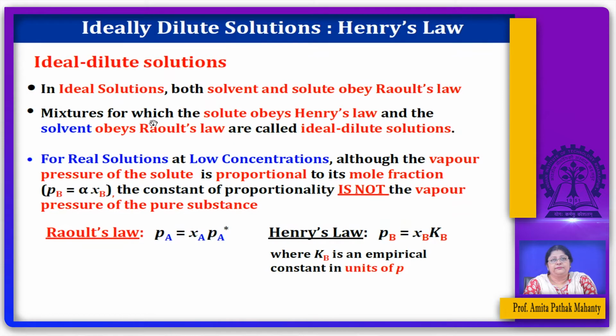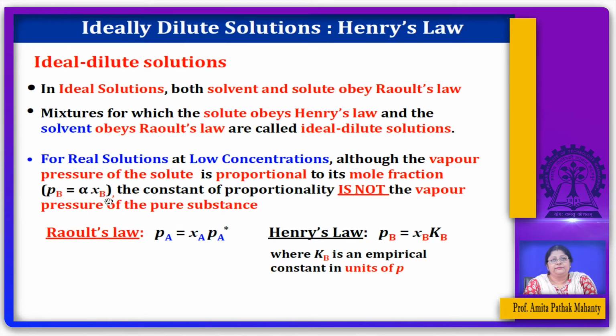That means what we are dealing with is a real solution, where the amount of the solute is very small. In a real solution at very low concentration, the vapor pressure of the solute is proportional to the mole fraction of the solute.